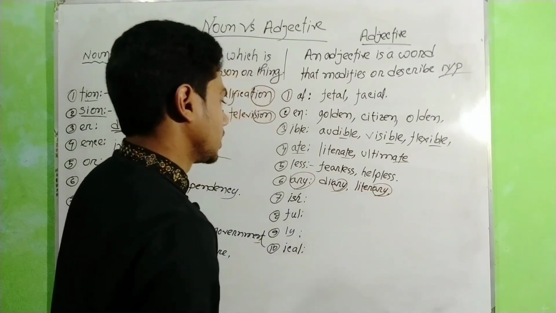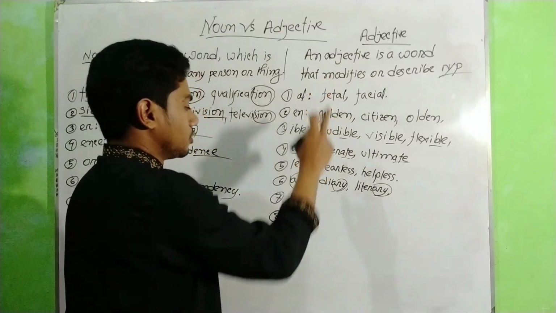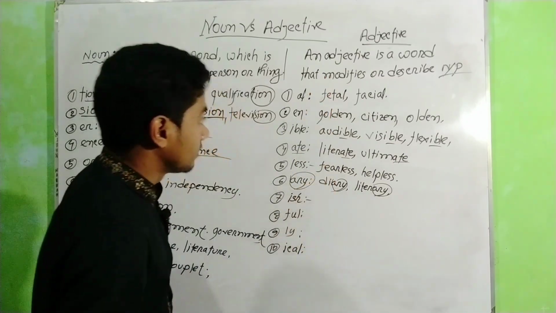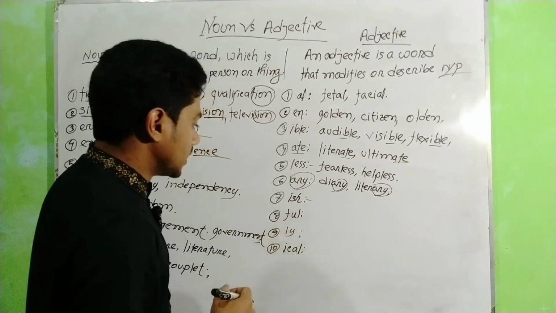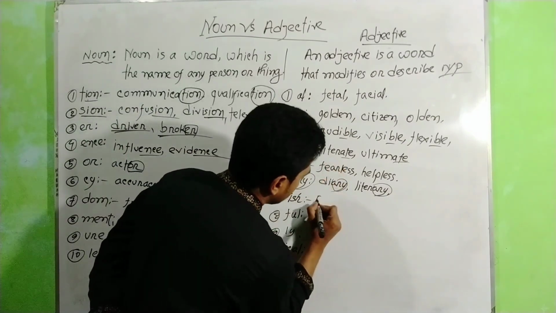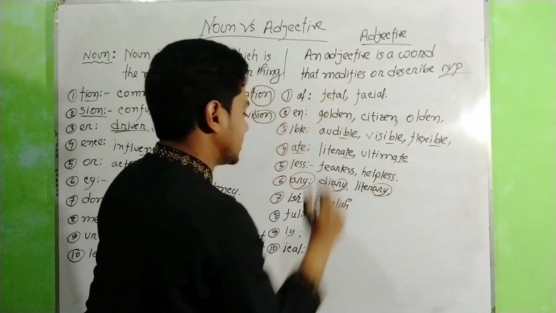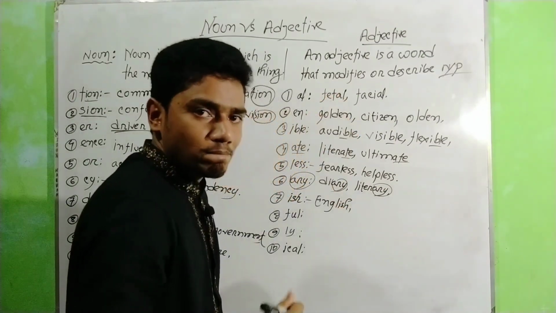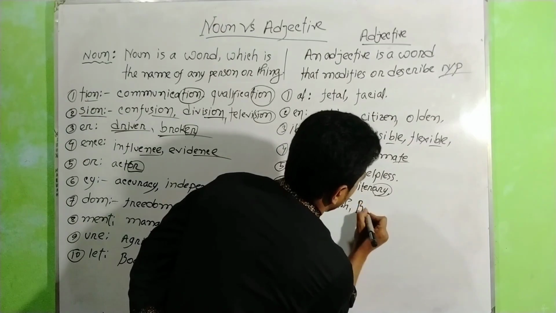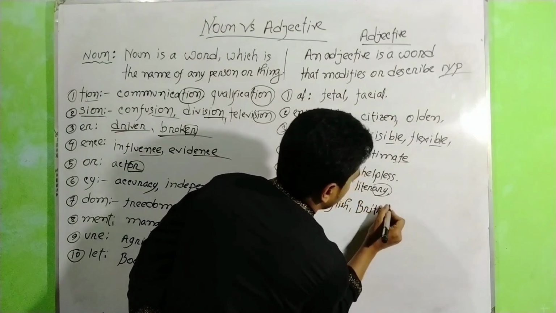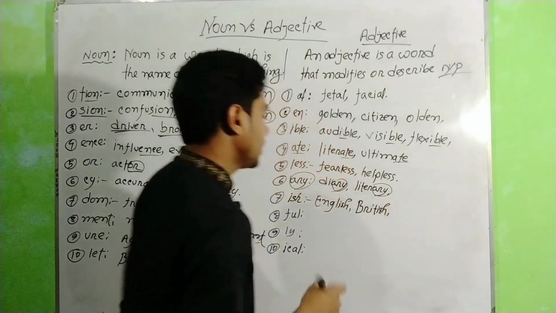So if any word ends with ary, that will be an adjective. Number seven, think of some adjective that ends with ish. You can say English. It's also an adjective. Okay. You can say British.